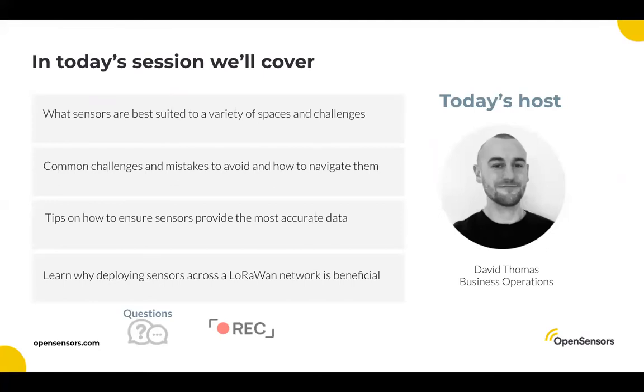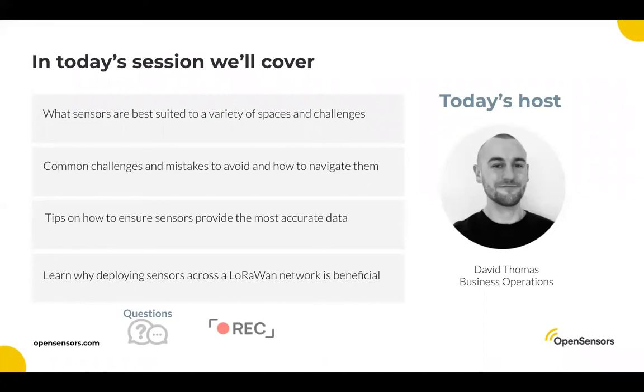So today we're going to discuss a variety of things, but firstly we're going to talk about what sensors there are to build into these solutions, where they're best suited to be used, and some challenges that come with them. We're then going to look at some common pitfalls people tend to fall into when deploying sensors and how to mitigate these problems, before sharing some best practice guidance on how to deploy some more complex sensors to make sure that they're providing accurate data in the most reliable way.